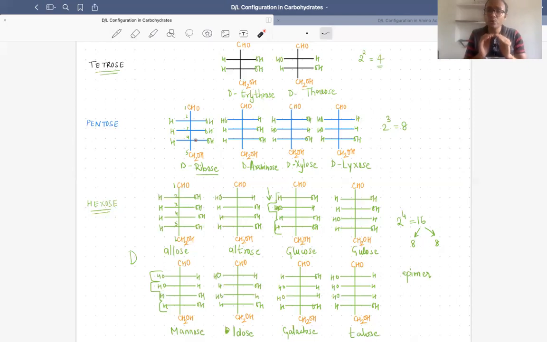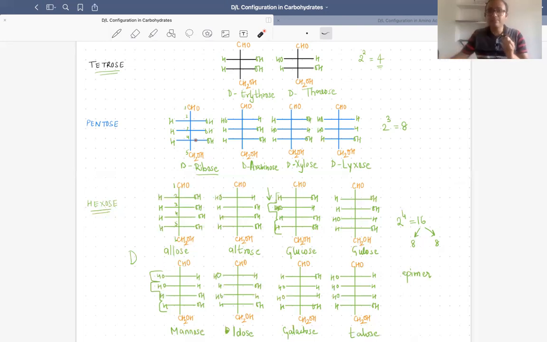We are doing only structural correlation with D-glyceraldehyde. Nowadays we don't synthetically correlate anything with D-glyceraldehyde because it leads to a lot of ambiguity or confusion, which we looked at in the previous video. So this is how we structurally correlate.